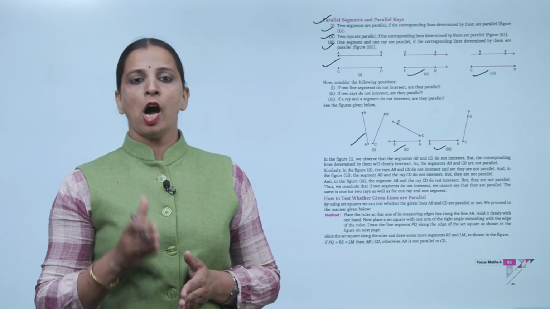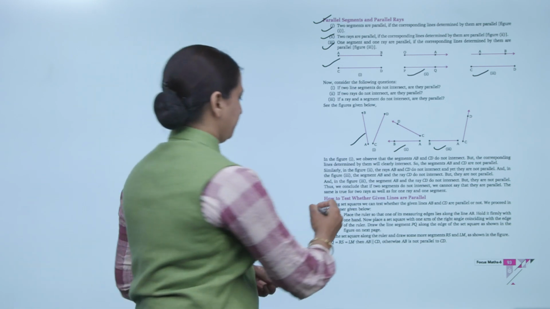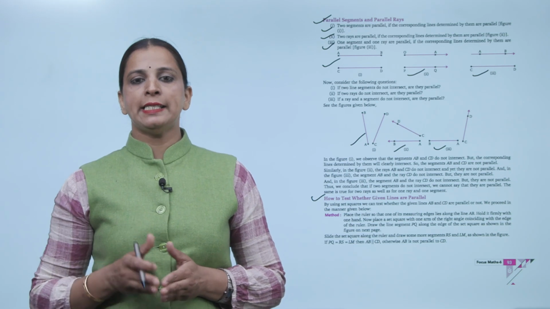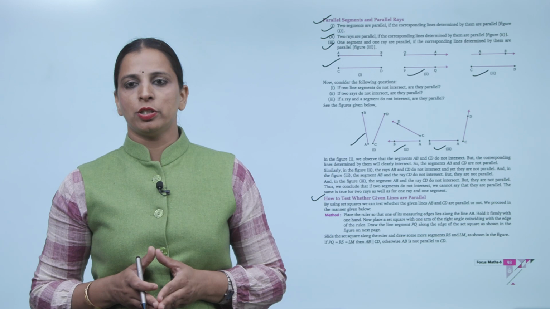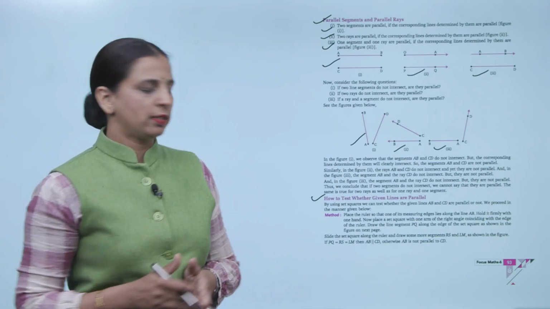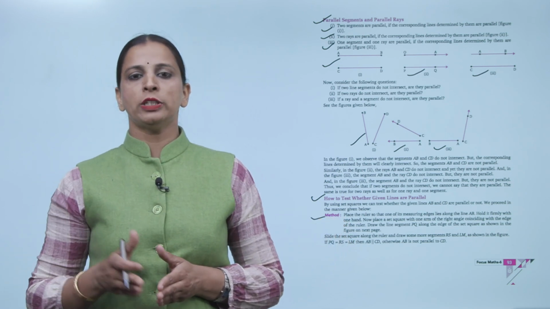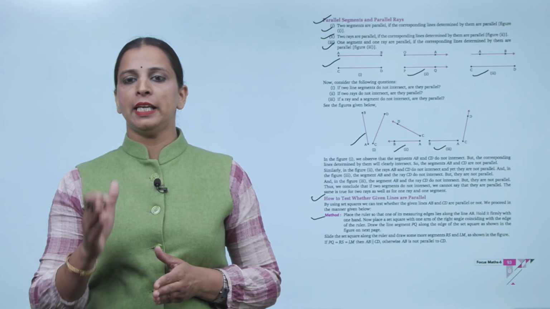Now next is how to test whether given lines are parallel. By using set squares, we can test whether the given lines AB and CD are parallel or not. We proceed in the manner given below. Method. Place the ruler so that one of its measuring edges lies along the line AB.